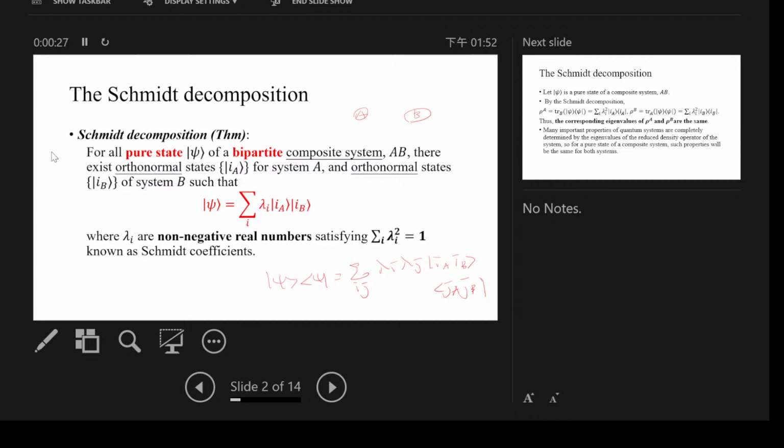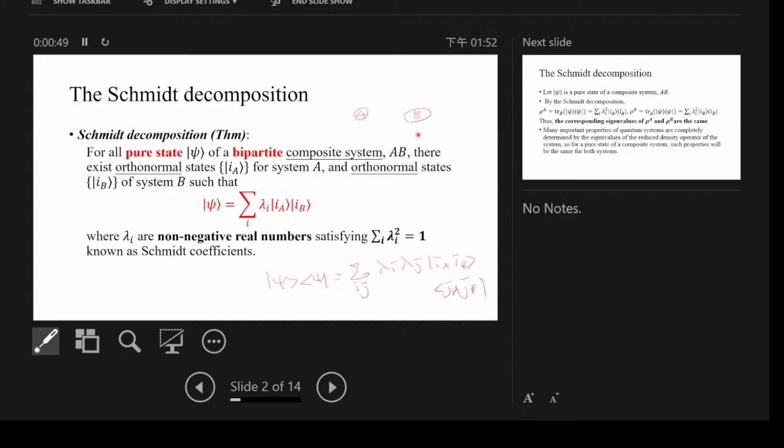So now we go back to a bit easier case. We have a two-party system with system A and system B, and we assume they have a pure state. It's a bipartite system, meaning that it has two parts, part A and part B.